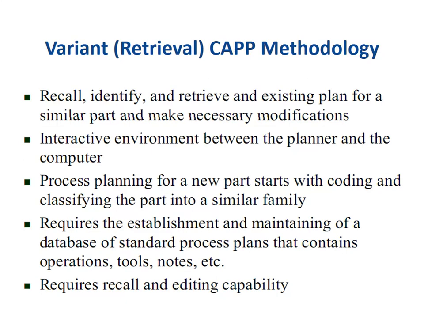You should have the database of all the requirements of tools, processes, and the operations that need to be carried out, and all those notes and data will be taken care of by this methodology, and it requires recall and rating capability. And even if some additional requirement comes in between, you can change or add that requirement through the editable capability.